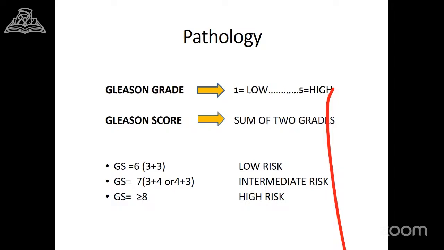Clinically, a Gleason score of 6 or 3+3 is considered low risk, and a score of 7, either 4+3 or 3+4, is classified as intermediate risk, while a higher Gleason score indicates high risk disease with more aggressive behavior.